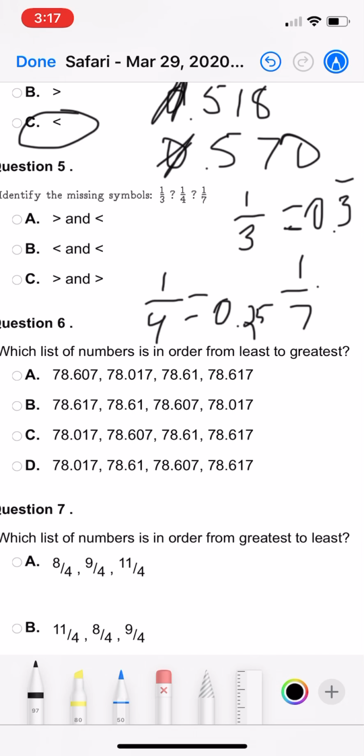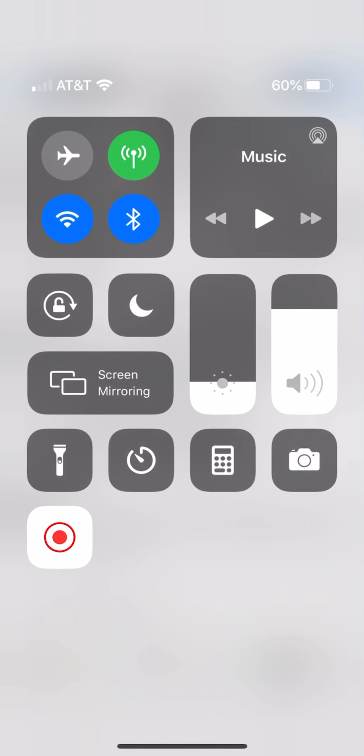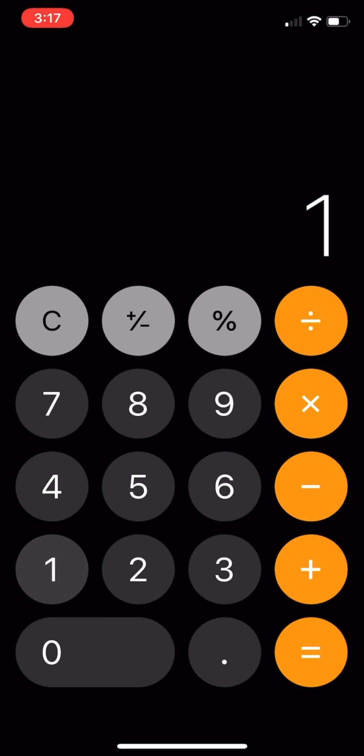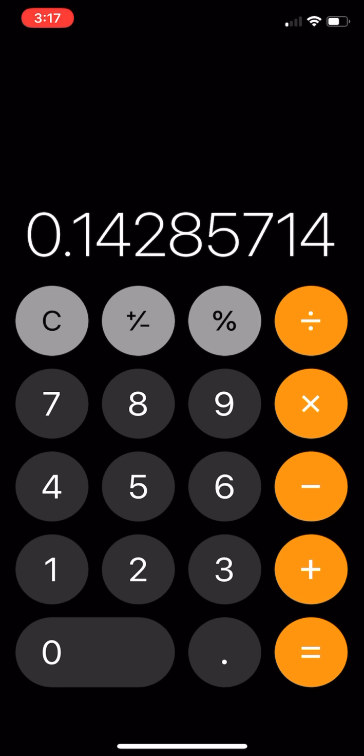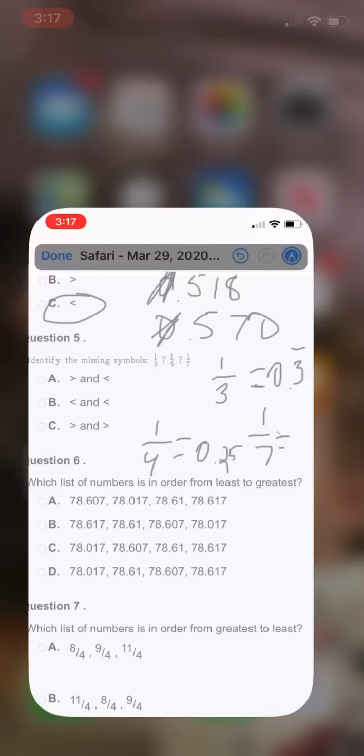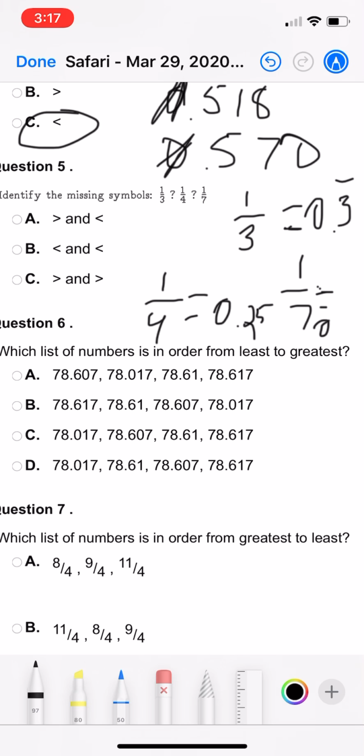Sorry. And 1 over 7, 1 divided by 7 is 0.14. Sorry. So 0.33 repeating, let's make it 2 decimals because everyone else has 2 decimals. 0.33. Sorry about my handwriting.